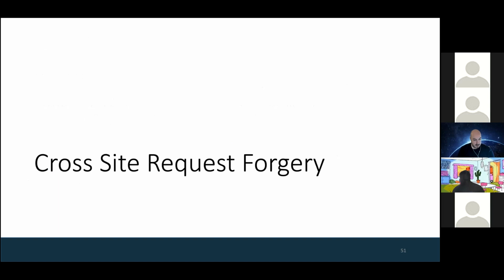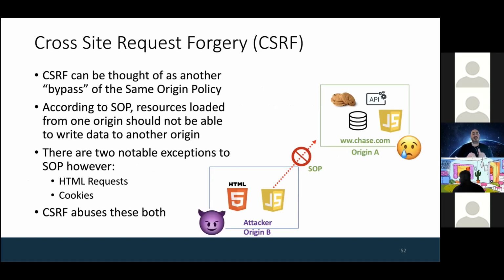All right. Another one is cross-site request forgery. That's a smidge more complex than cross-site scripting, but it's still kind of similar. So the idea is that, due to the same origin policy, things that are loaded from Chase or Google should not be loaded into each other.